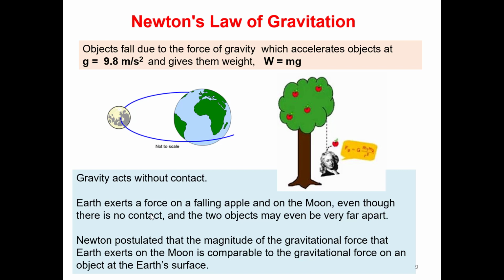And what Newton found was that the Earth exerts a force on the apple, and the same kind of force that the Earth exerts on an apple is the same kind of force that the Earth exerts on the moon, even though there is no contact and they are really far apart.